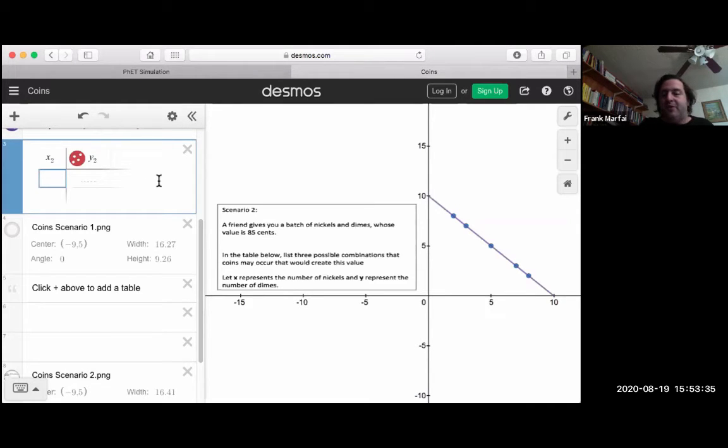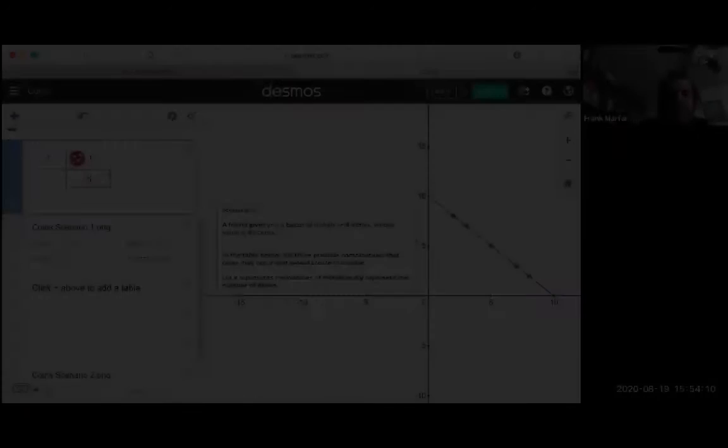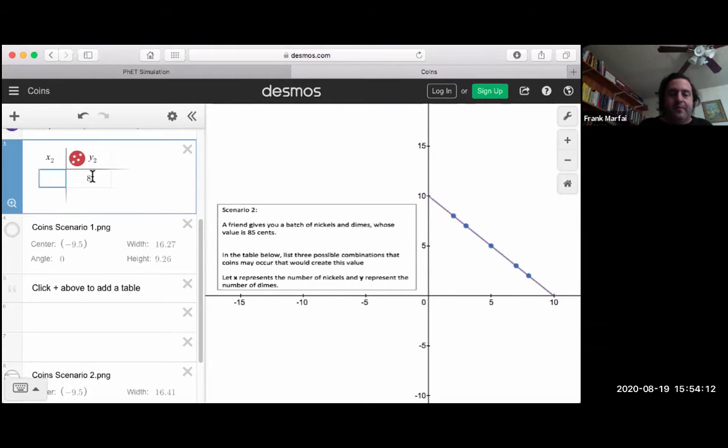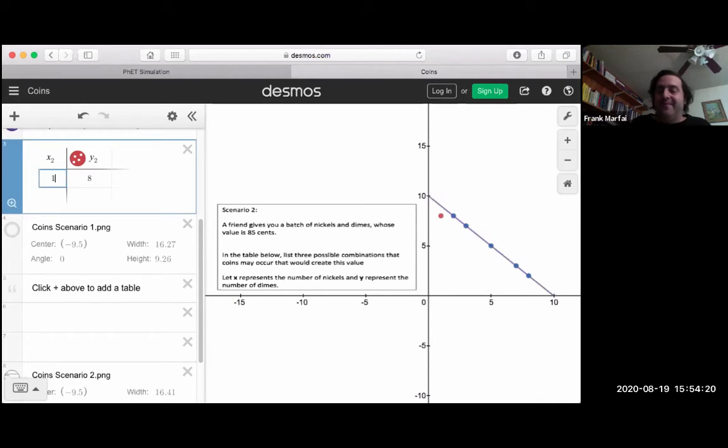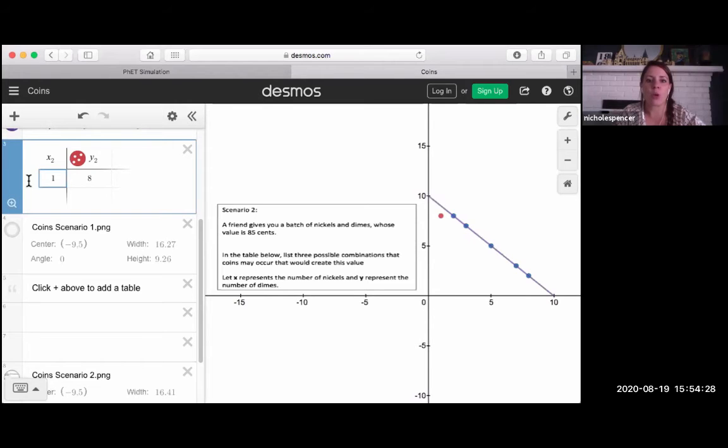I'm not giving you a restriction other than the value of the stack needs to be 85 cents. So if students knew how to quickly come up with an equation, could they? Oh yeah. And then I would let them know. I didn't mean to cut you off, sorry. No, I'm just wondering about the workings of Desmos.